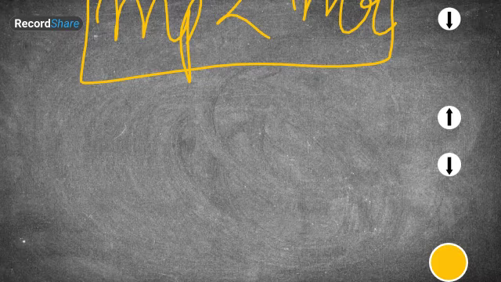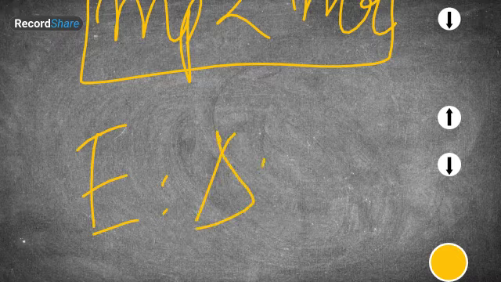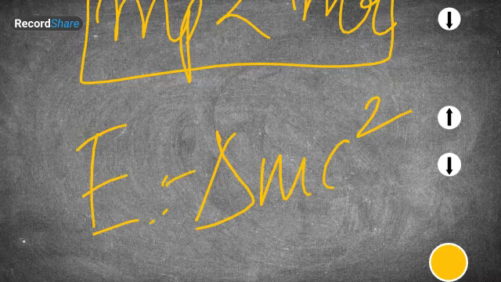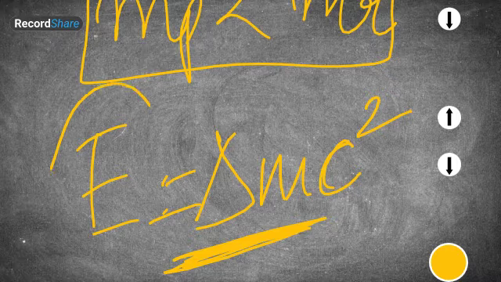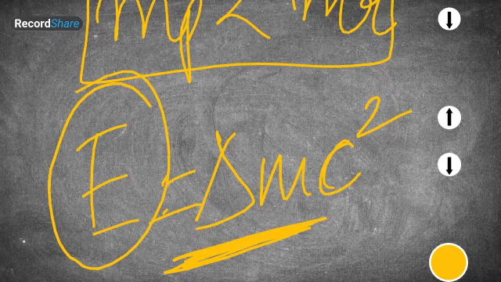According to Einstein's equation, E is equal to delta M into C square, means the difference between the mass of the reactant and product into C, the velocity of light, squared, will give you the energy generated, due to which nuclear reactions are hazardous. So you have to remember the limitation also.